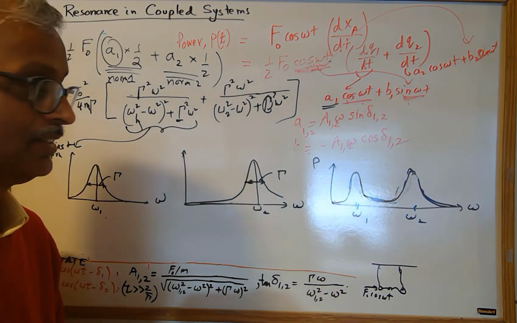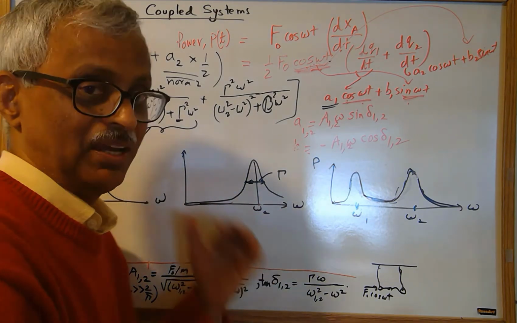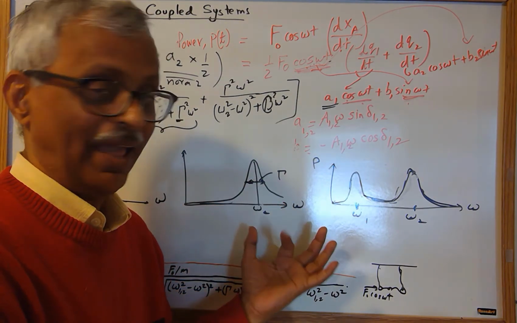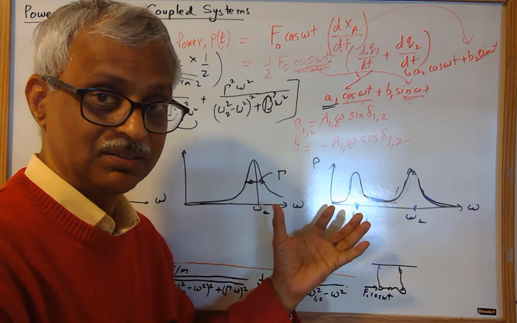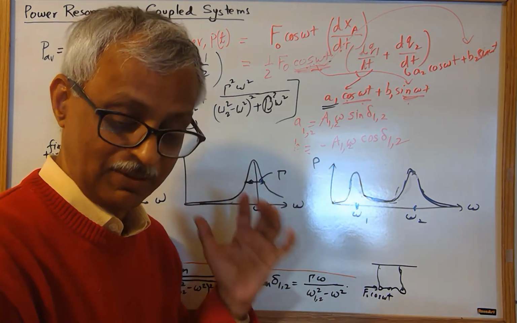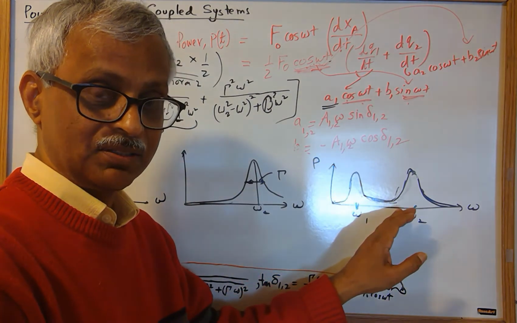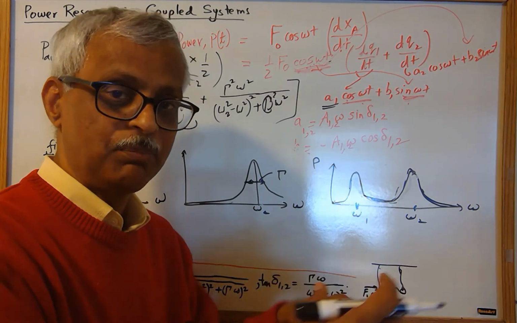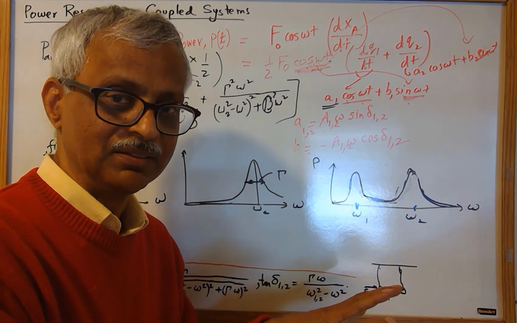Pretty cool, I think. This experiment actually works. I wish we had the lab to show it to you. And when you see it, it is pretty cool. The difference between this modeling and reality is that different modes get damped different amounts because they couple to whatever the damping mechanism is a little bit differently.